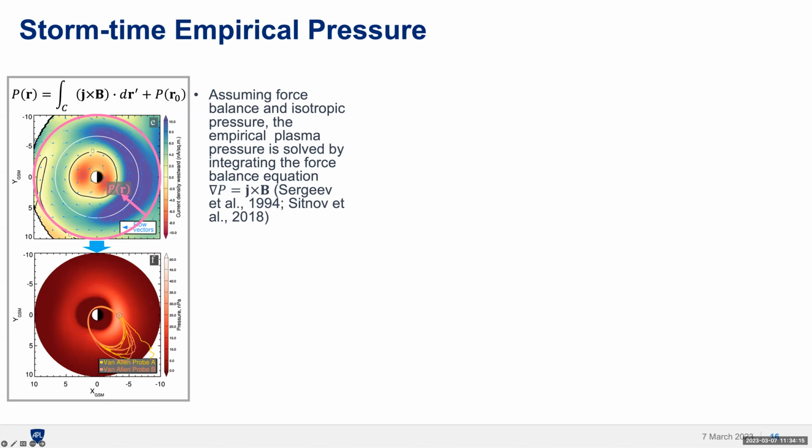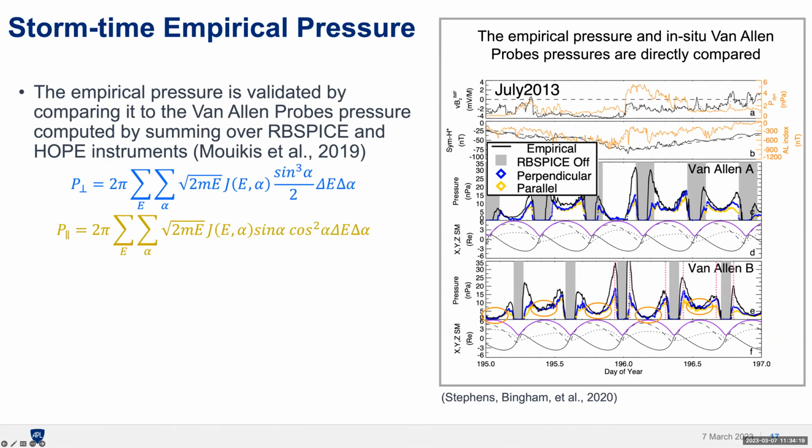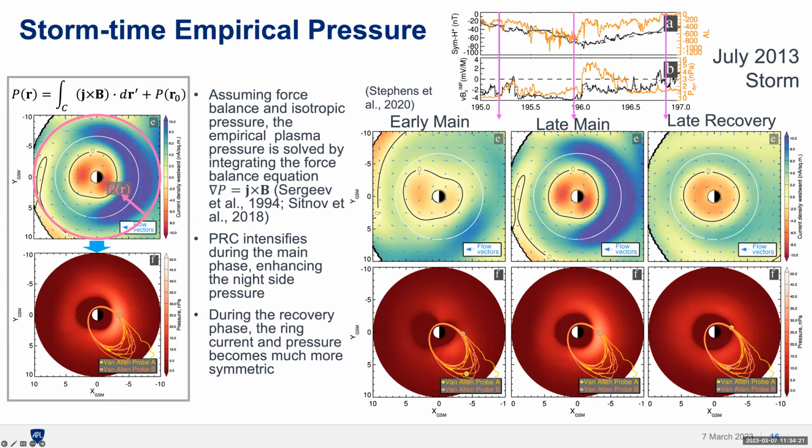And as we see, we are resolving this asymmetry in the ring current system, which also produces an asymmetry in our pressure distribution. Here's just showing the Van Allen probes' orbit if you map it down to the equatorial plane.